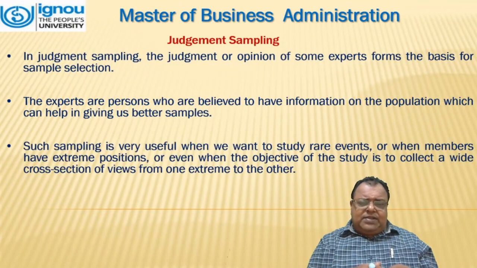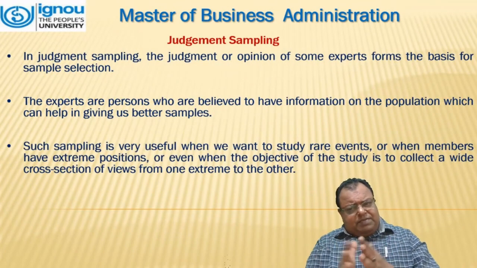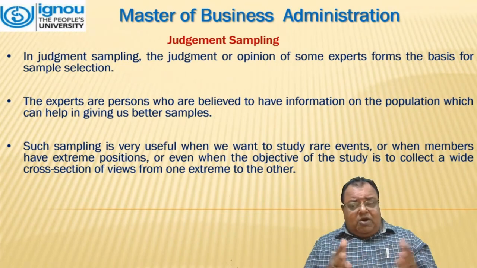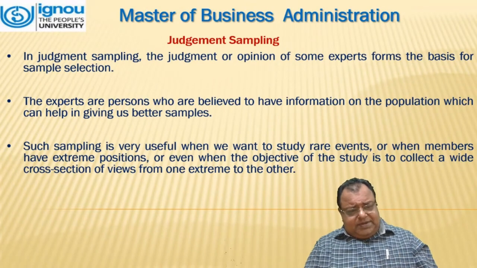In judgment sampling, the judgment or opinion of some experts forms the basis for sample selection. The experts are persons who are believed to have information on the population which can help in giving us better samples.